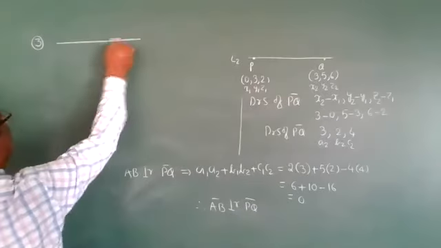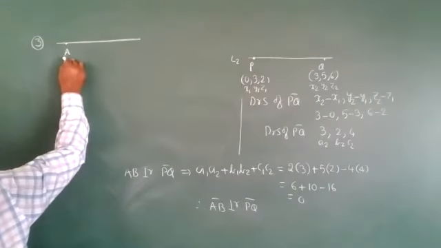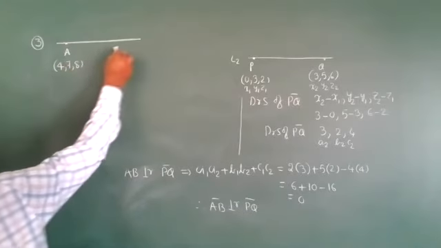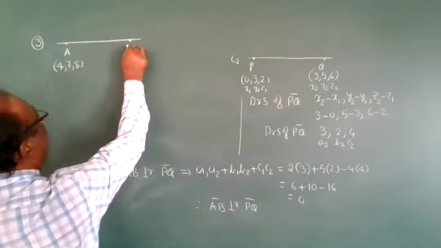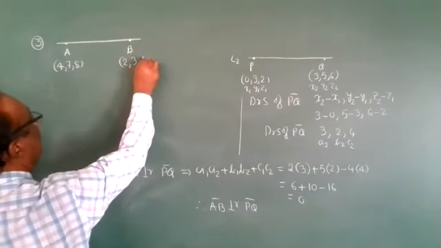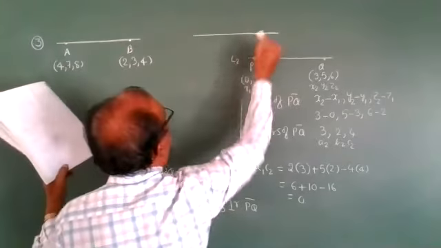The first line is given. The A point is 4, 7, 8 and the second point is 2, 3, 4. Next, the second line is given.